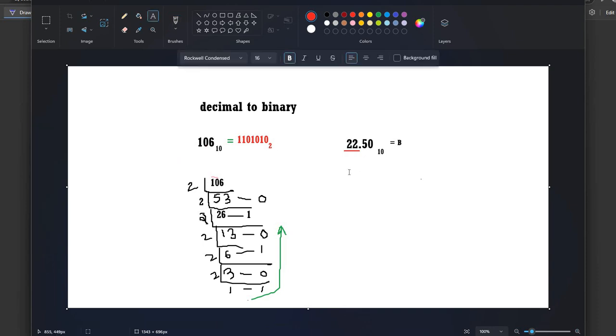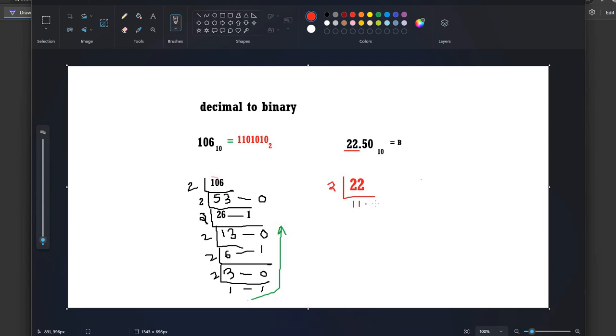How will we convert it? 22, let's make the font a little bit bigger so that you can make it out properly. 22 divided by 2 is 11, the remainder is 0.